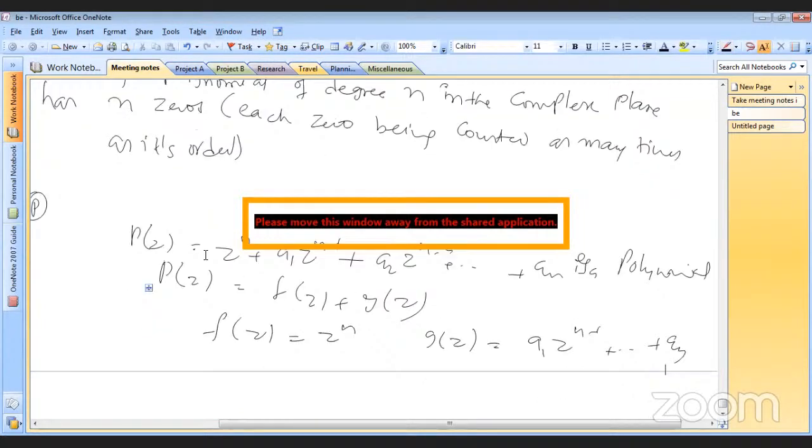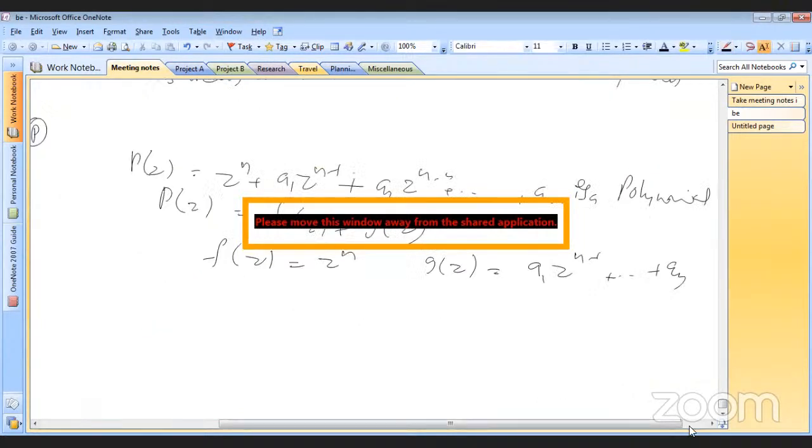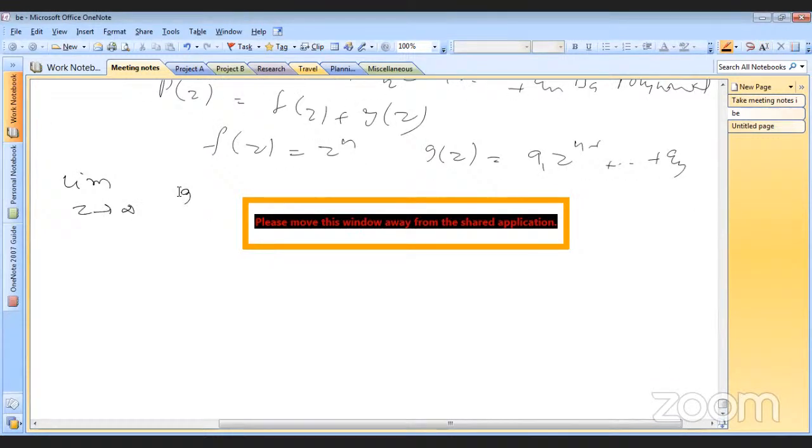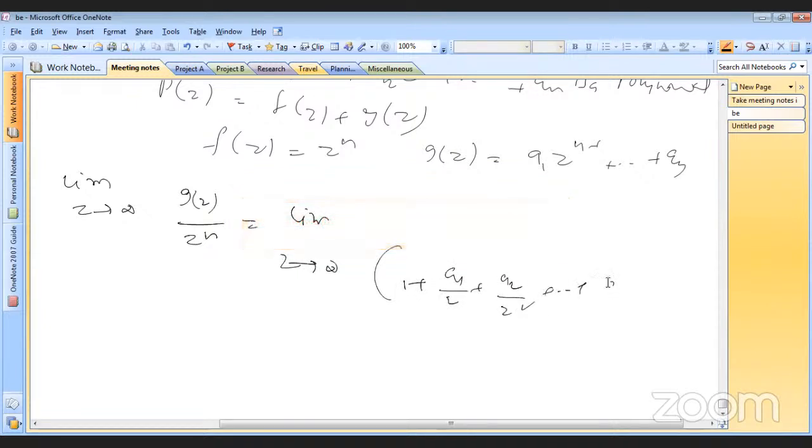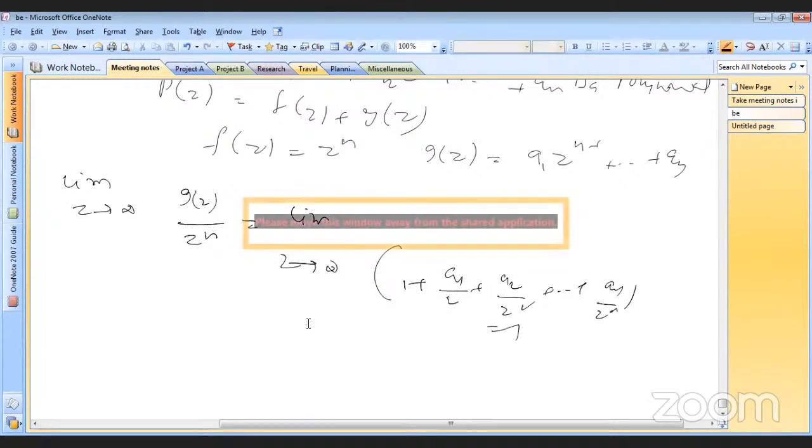Therefore, the limit as z tends to infinity of P(z) by z^n is the limit of 1 + a1/z + a2/z^2 + ... + an/z^n, which is equal to 1.